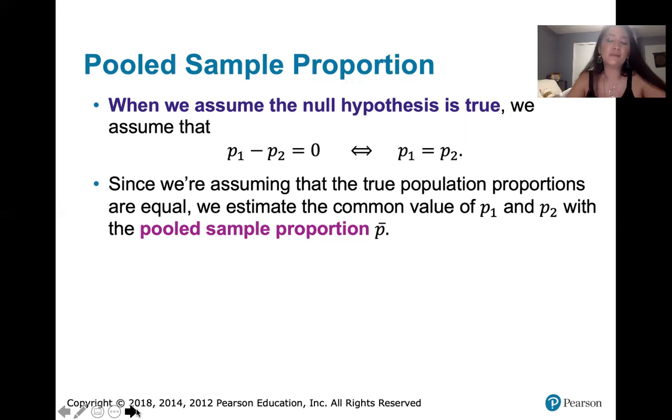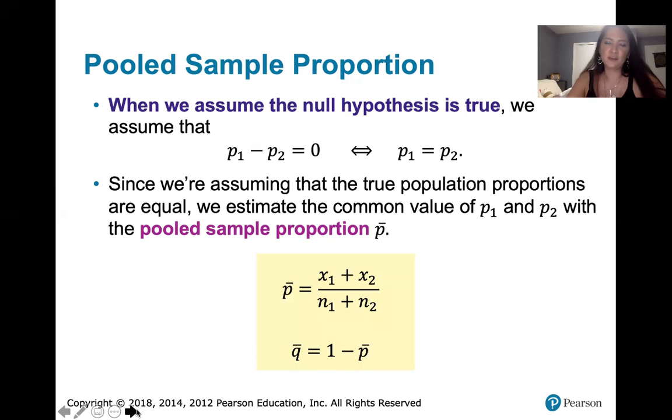Now, we don't actually know what P1 or P2 are, but we are assuming that they're the same whenever we do this hypothesis test. So in order to come up with some estimate of that common value of P1 and P2, we're going to compute what's called the pooled sample proportion P bar.